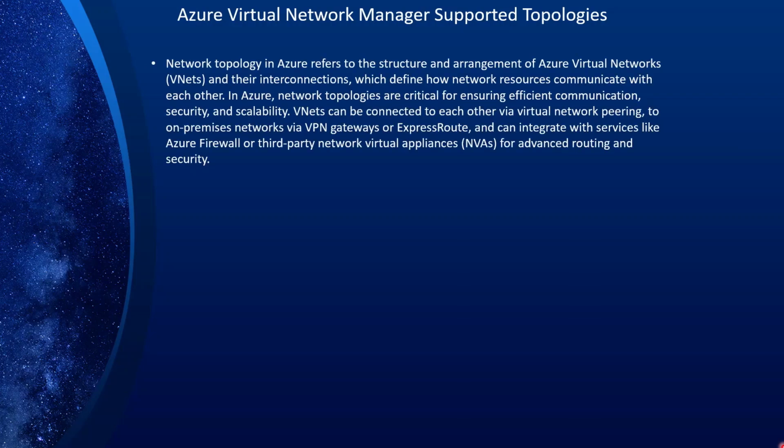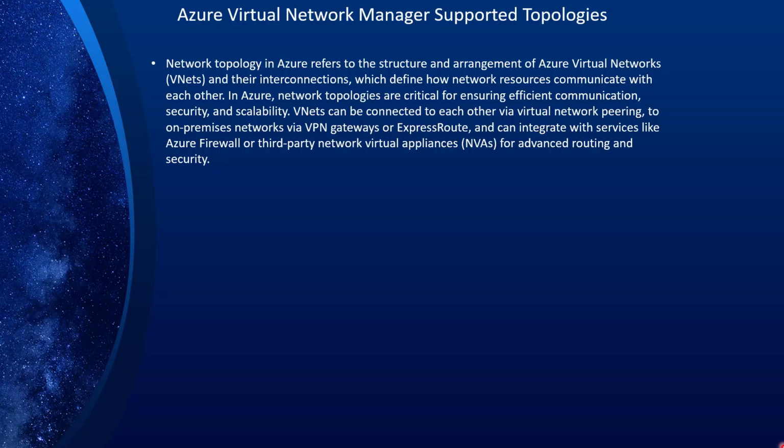Network topology in Azure refers to the structure and arrangement of Azure virtual networks, or VNets, and their interconnections, which define how network resources communicate with each other. In Azure, network topologies are critical for ensuring efficient communication, security, and scalability.